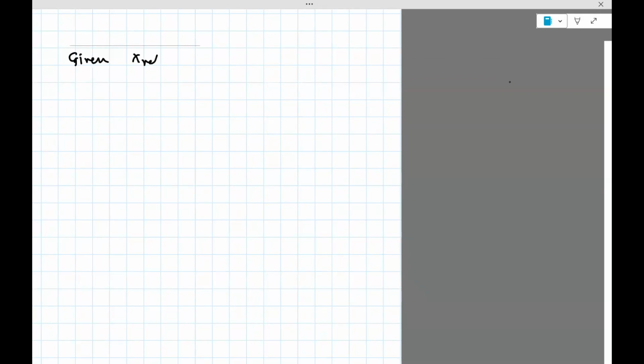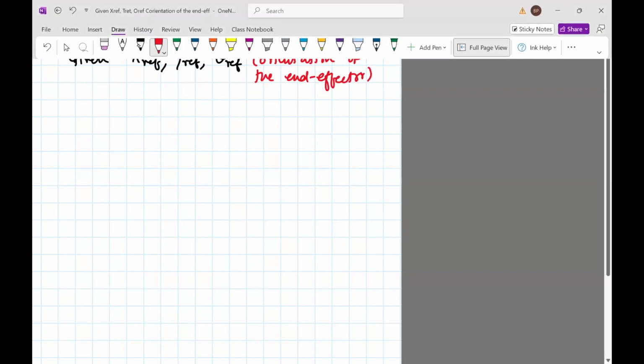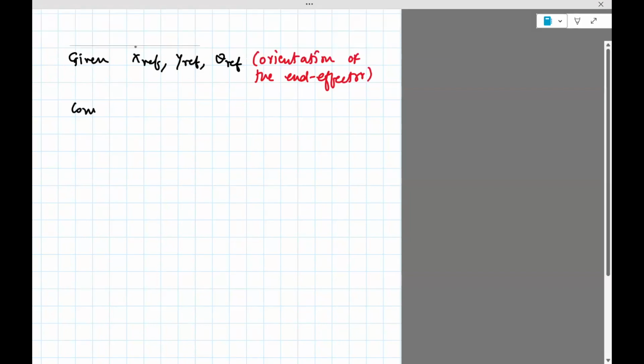Given x_ref, y_ref, theta ref, this will be the orientation of the end effector, compute theta 1, theta 2, theta 3.